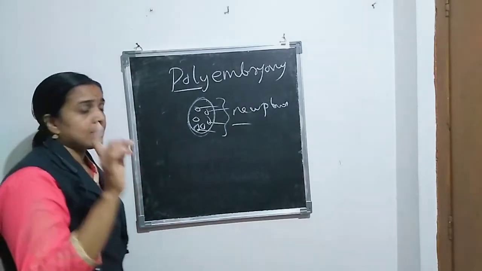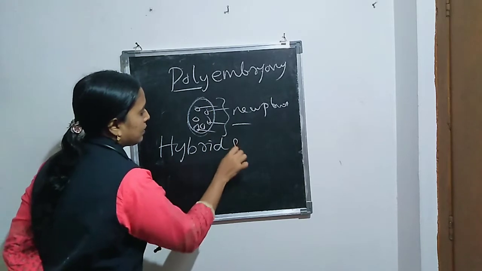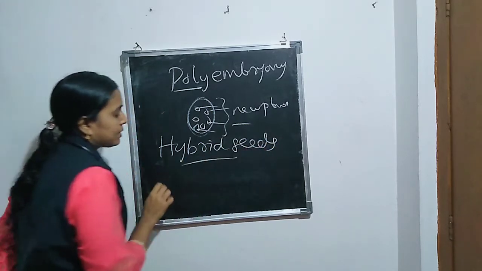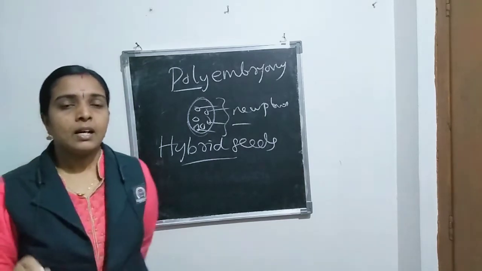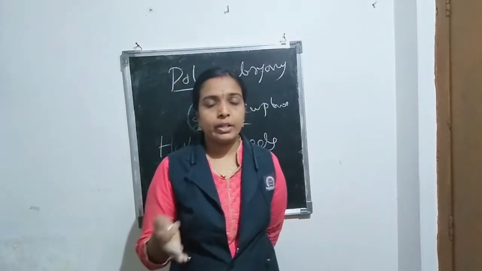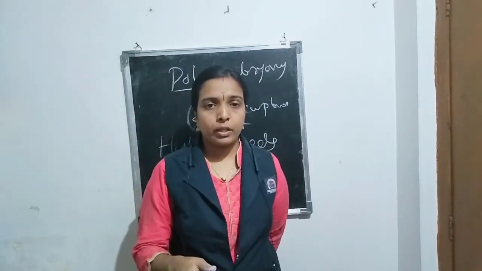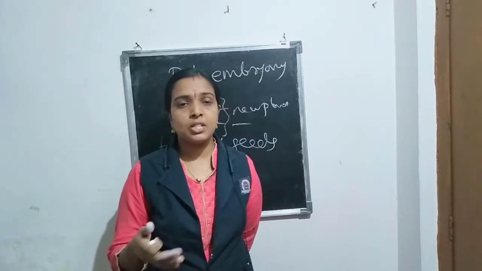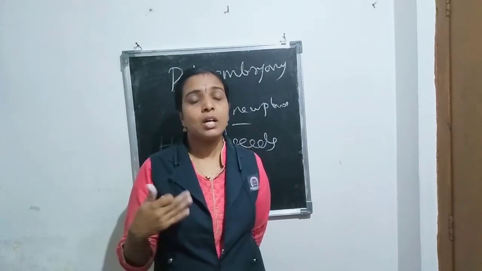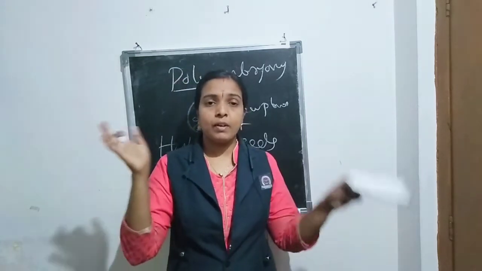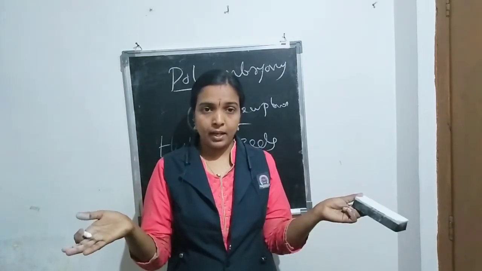Then the last thing is hybrid seeds. Hybrid seeds are produced through artificial hybridization, which we already discussed, in plant breeding programs. Through artificial hybridization we can produce new or superior varieties. That variety shows combined characteristics of two different parents.